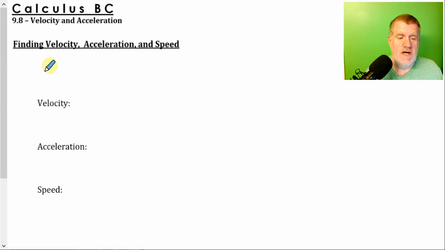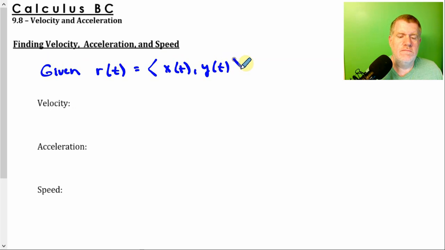Let's assume we've got a position function. We're going to call it r. And of course, r is going to be your x value and your y value. So we're given r of t. That's our position vector. So what's the velocity?